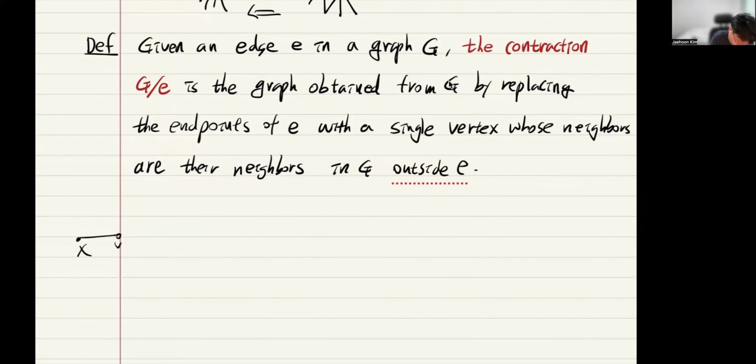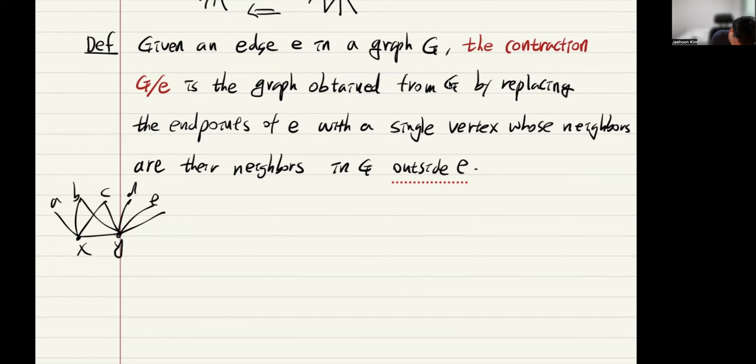So you have x, y, and A, B, C, D, E, F. If you contract it, you have one vertex, and A, B, C, D, E, F. And if a vertex is adjacent to at least one of them, then it is adjacent to this new vertex.